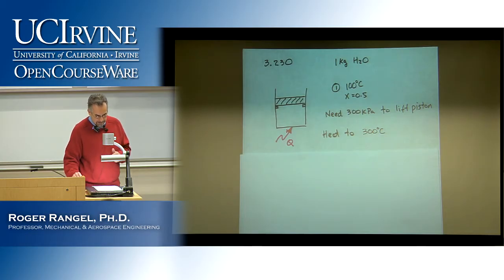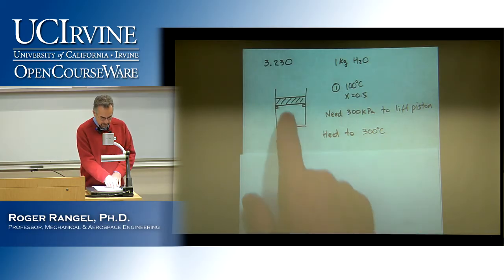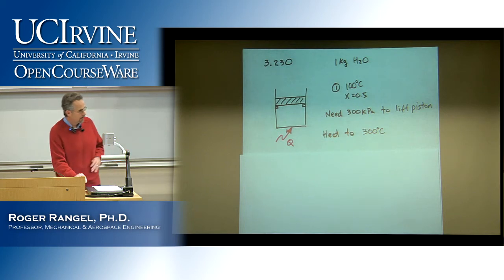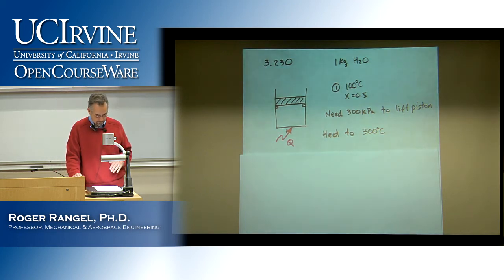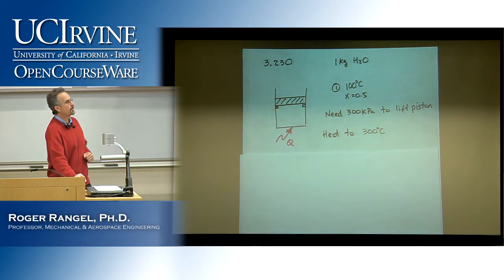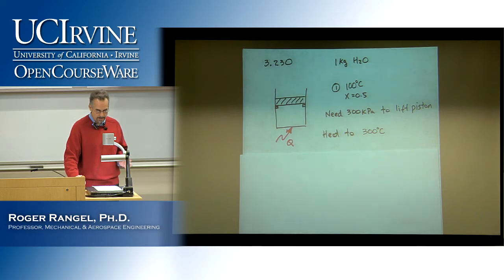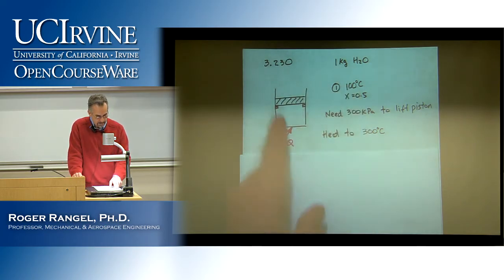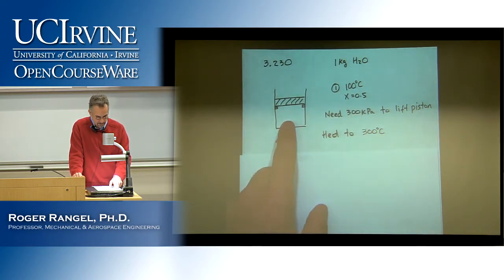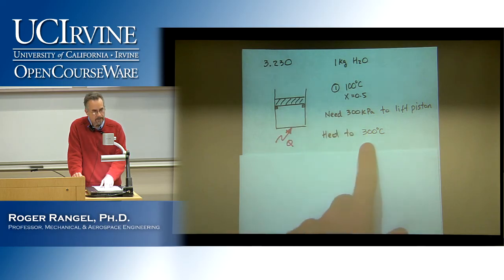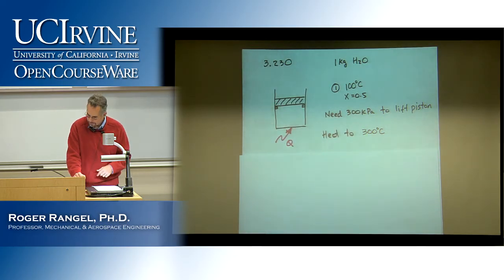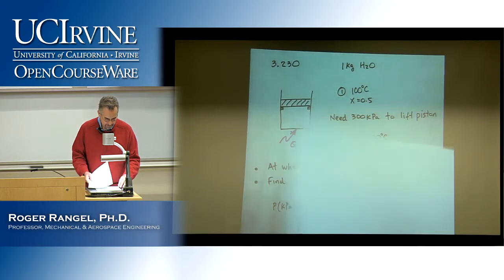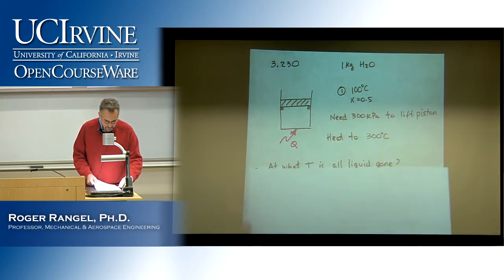We're also told that to lift this piston, we need 300 kilopascals. Then the process is going to be heating the water until it reaches 300 Celsius. So water is there at 100 Celsius, a saturated mixture of liquid and vapor. We're going to heat it up until it reaches 300. And probably we need to find Q among other things. Actually, these are the questions right here.